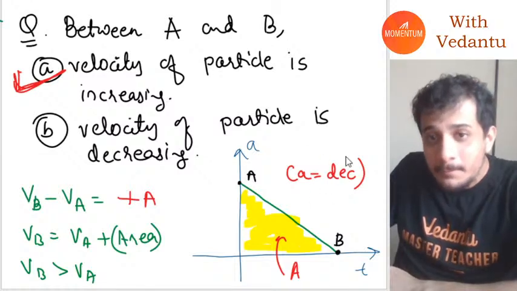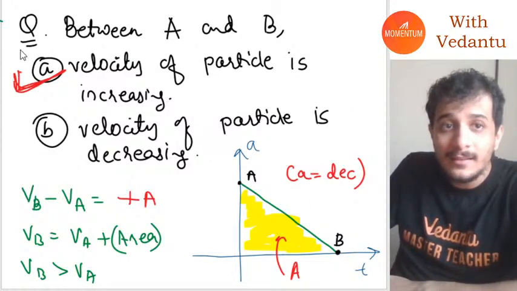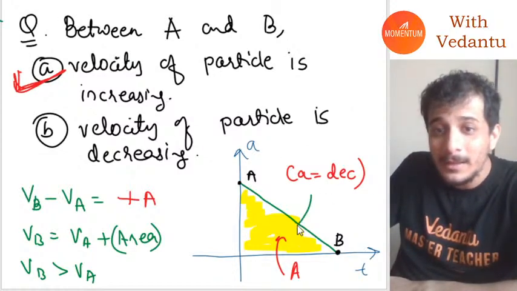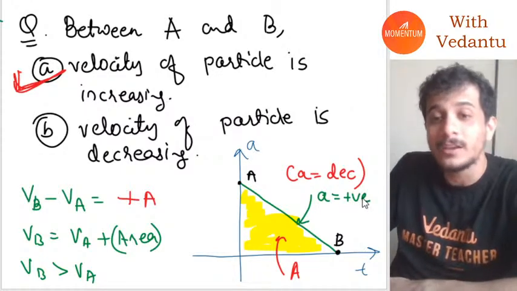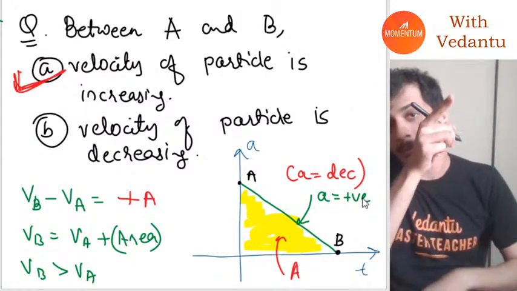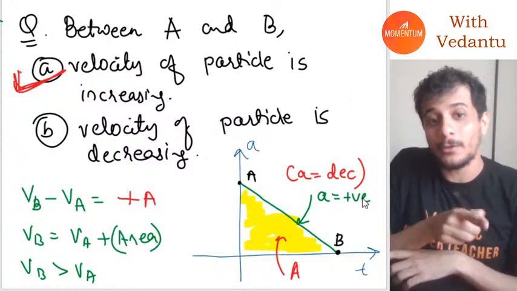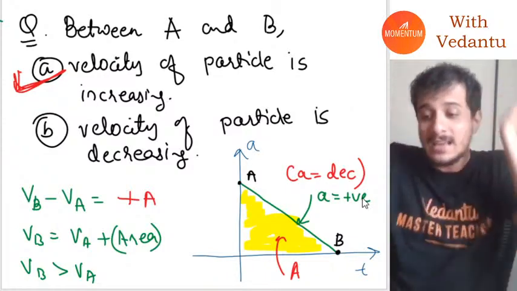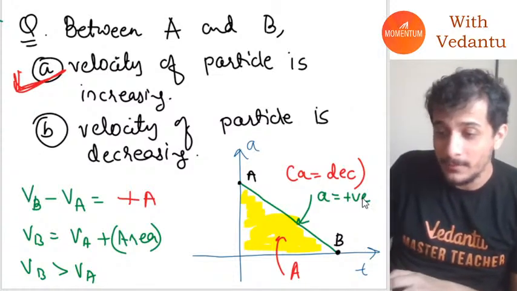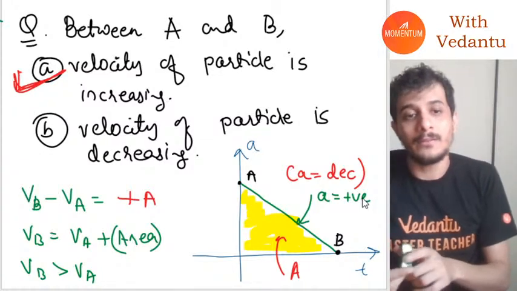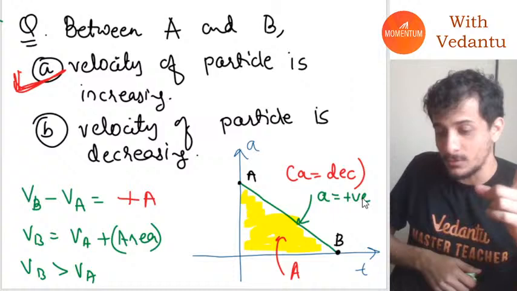The acceleration might be decreasing here, but at all points between A and B, the acceleration is still positive. That means the velocity is increasing.